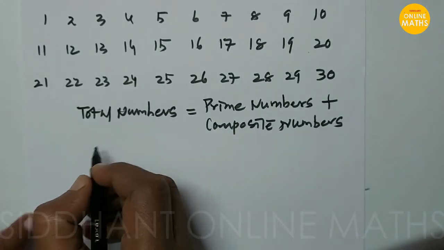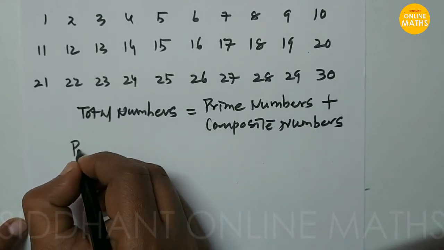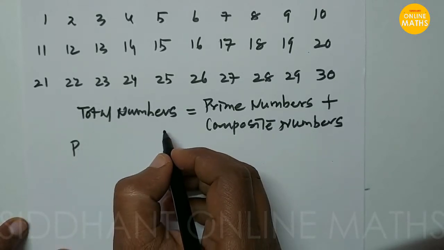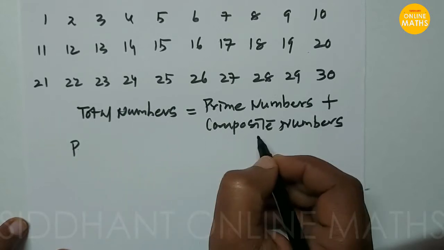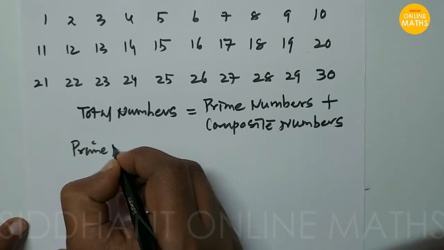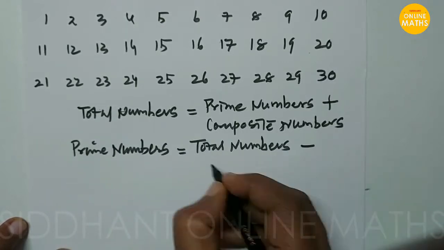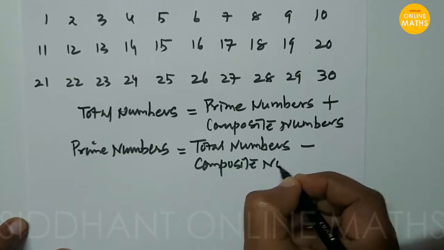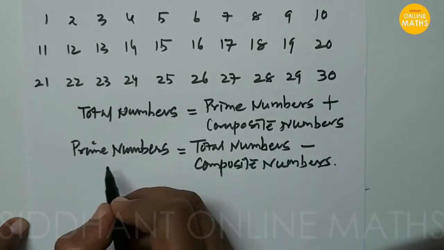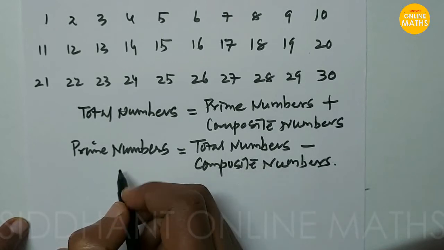So if you want to find out the prime numbers, we are going to subtract the composite numbers from the total numbers. In this way we see the difference and we get the prime numbers here.